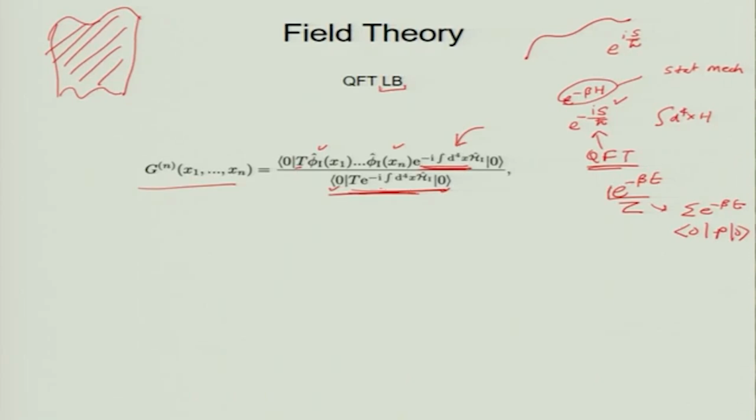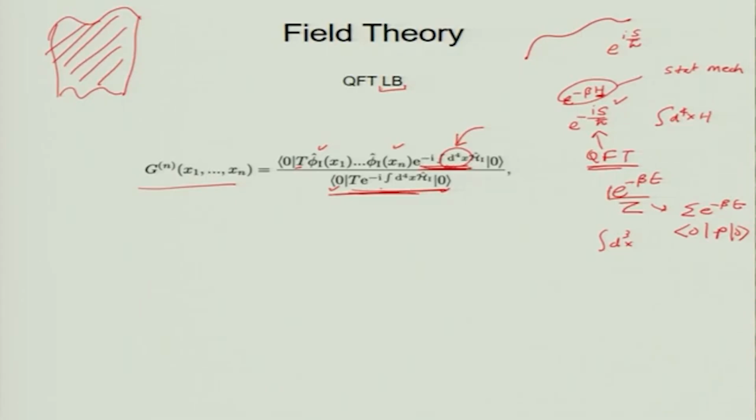The slight difference is that this Hamiltonian I integrate over real space. For statistical physics, I compute the Hamiltonian for the field in d cube x, in 3D. We have spins and I compute the spin interaction Hamiltonian in 3D space, but this one is in 4D spacetime. So that is the difference.